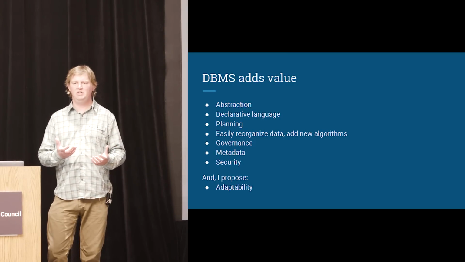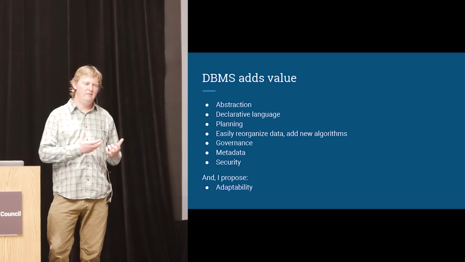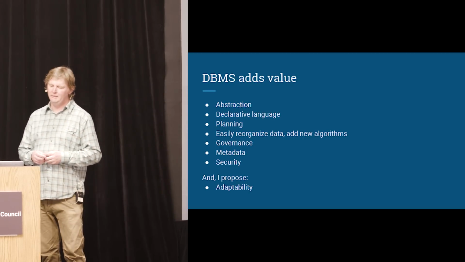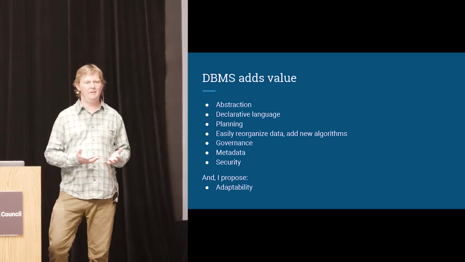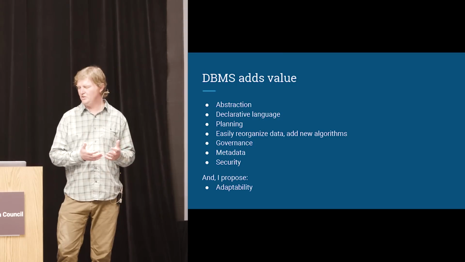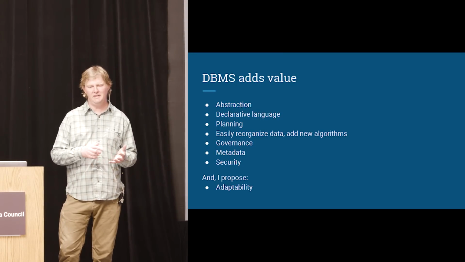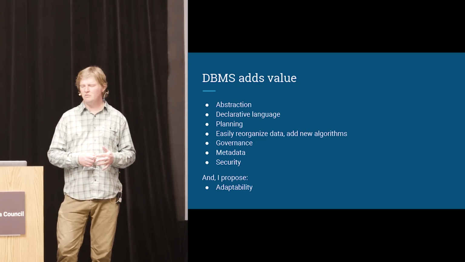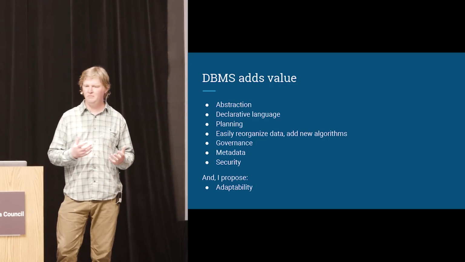SQL is sufficiently unpowerful that we're able to fully understand it and optimize it. You need a query planner to do that transformation, taking into account the algorithms that are available and statistics. The database makes it easy to reorganize the data, which is changing sort orders.